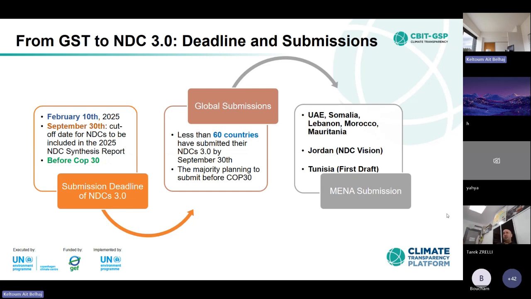And just last week, Mauritania also submitted its NDC 3.0. So congratulations to Mauritania and all of these countries. Meanwhile, for BTRs, we have 8 countries from the MENA region: Egypt, Lebanon, Morocco, Tunisia, Algeria, Saudi Arabia, and Iraq, and also last week, Oman. Congratulations to them also.